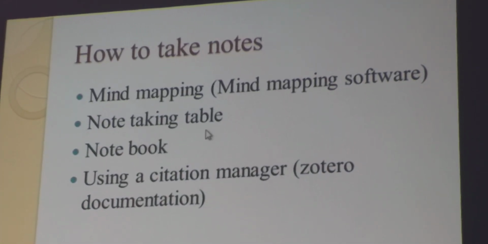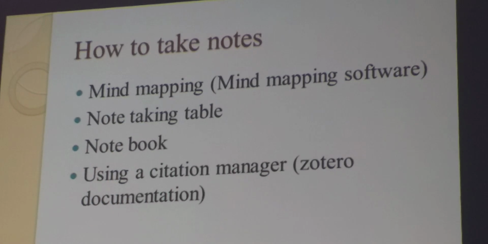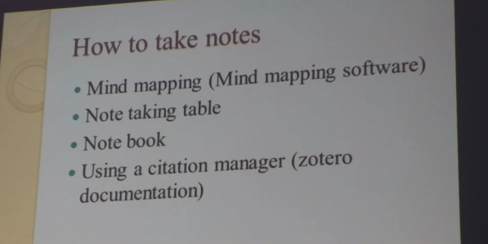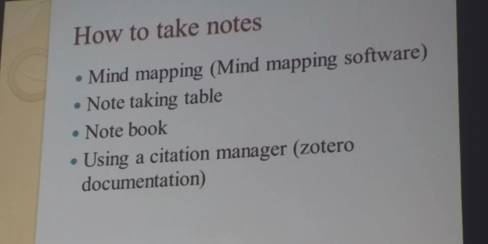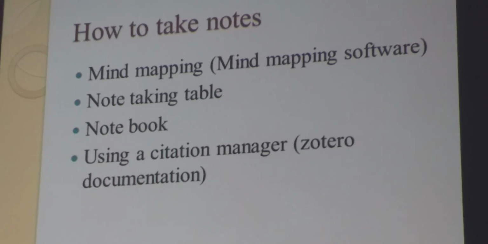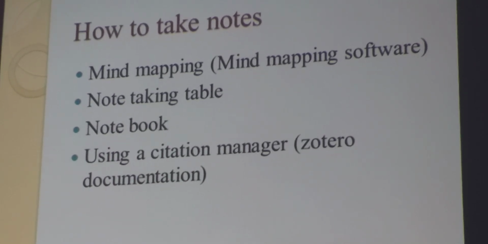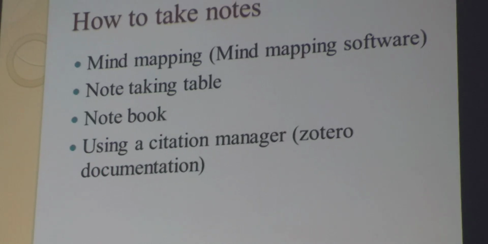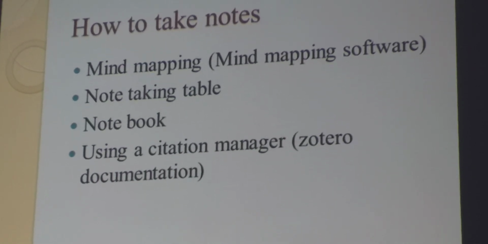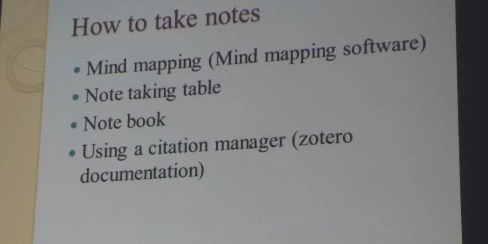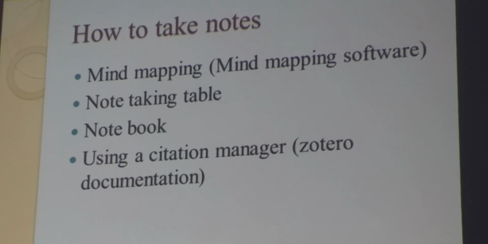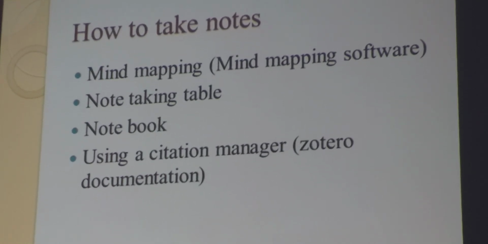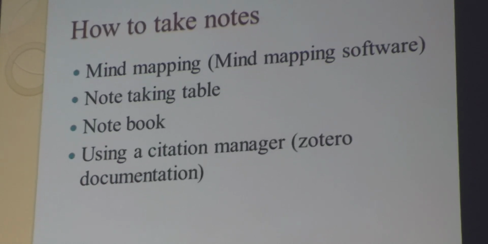You can use the table in your notebook or in your document folder. Of course, the notebook method is useful, and to this day, it is useful. You can use it. And there is a study which has been recently conducted concerning note taking. It is proved that hand note taking is more useful than taking notes on your computer.